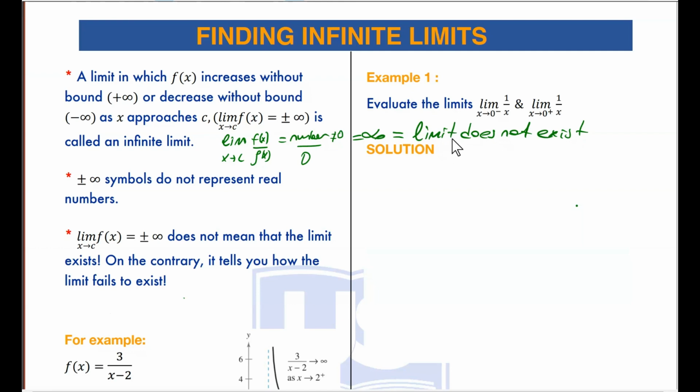So this is one of the cases that limit does not exist. We use this infinity to describe unbounded conditions. So we are not using this to determine the value. It is just describing the behavior of the function, describing the unbounded condition. So it doesn't tell us the limit exists. On the contrary, it tells you how the limit fails to exist. It's one of the cases that limit does not exist.